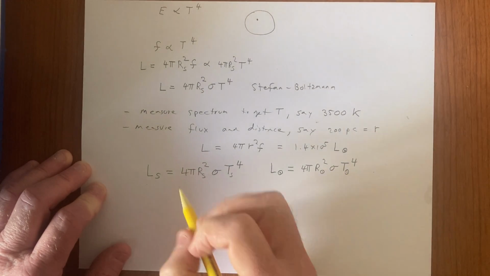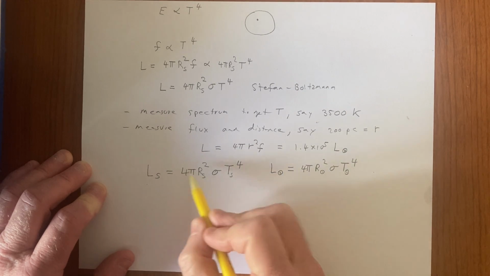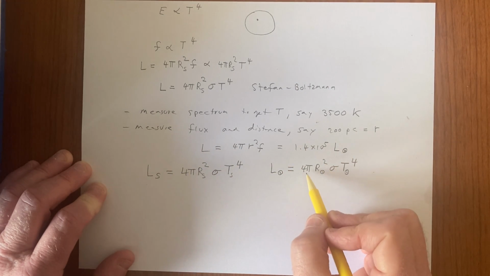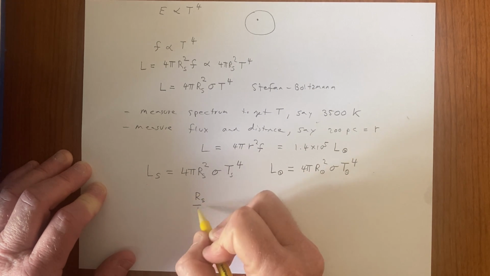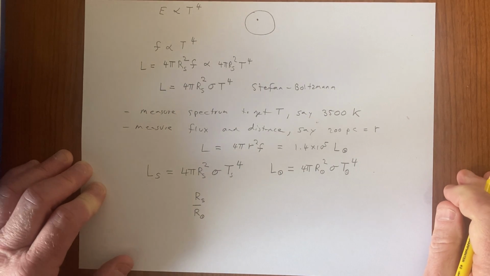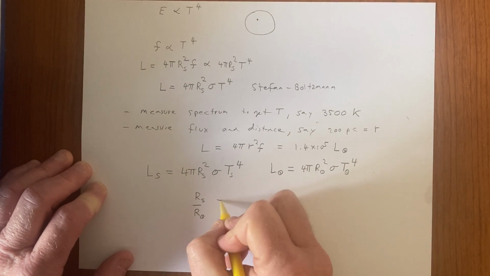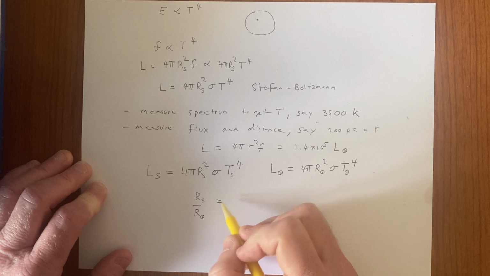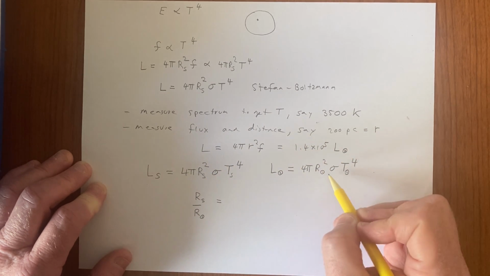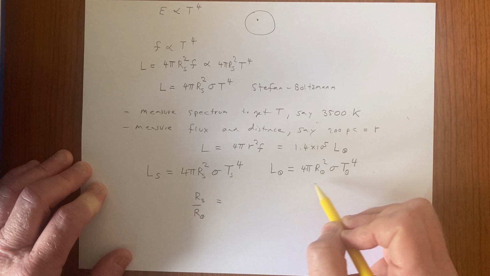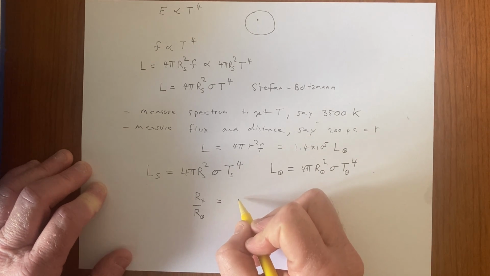And so now let's divide this by this, and let's get our star over our sun from this relationship. We have to take a square root, because we get our sun squared divided by our star squared, and we take the square root. And so what do we have on this side?